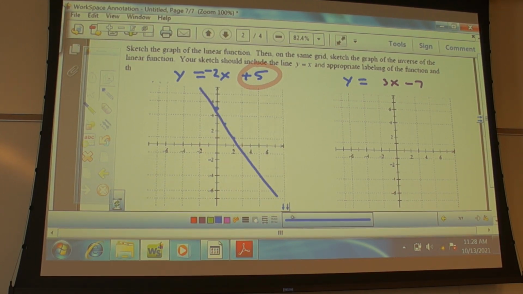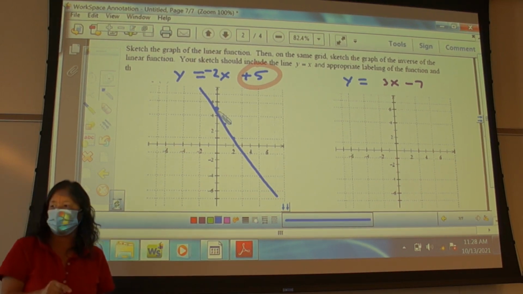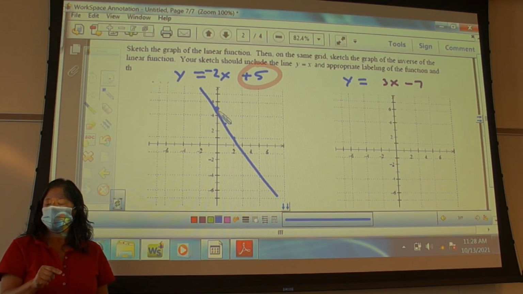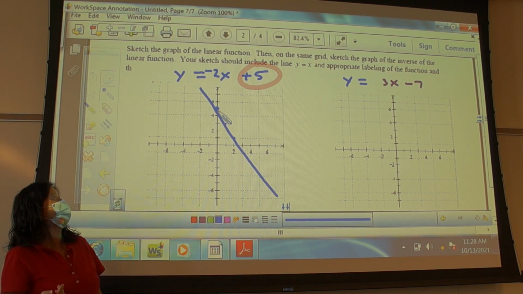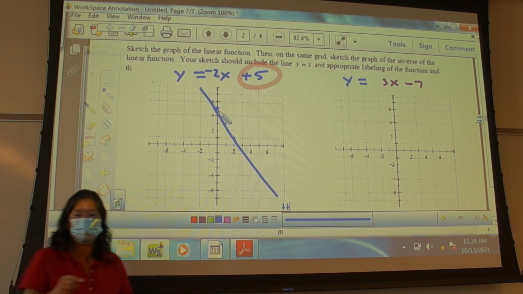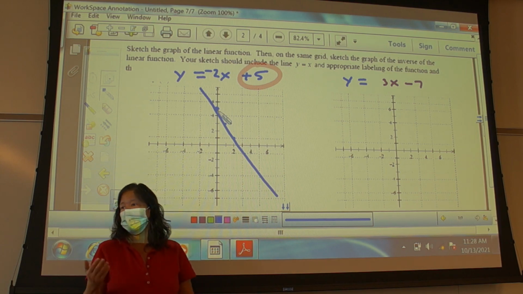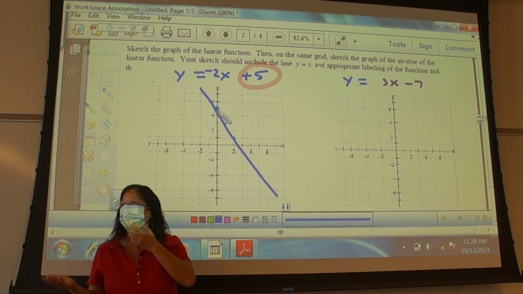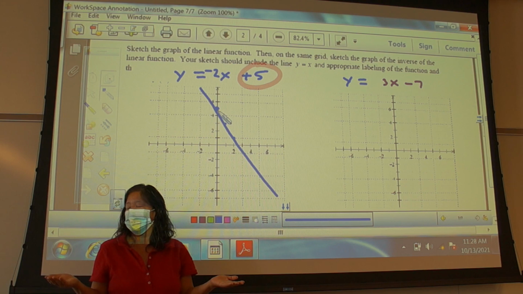You guys kind of see what I'm saying? Always 1? Well, my slope is negative 2. That means for every 1 I go this way, I go down 2. Oh, it's always 1? Well, I could pick a different one. I could say, if I run 2, then I drop down 4. But it's easier. Negative 2 over 1 is the easiest. Because what fraction is negative 2?